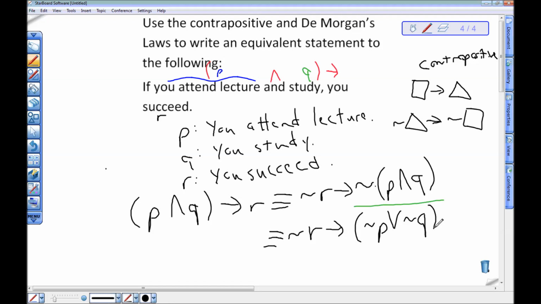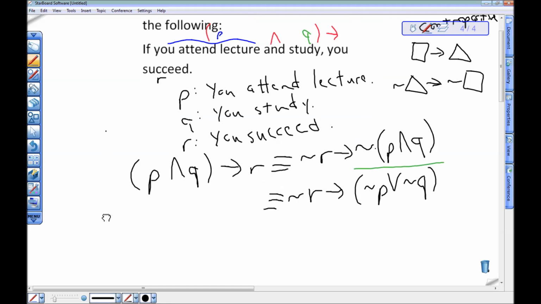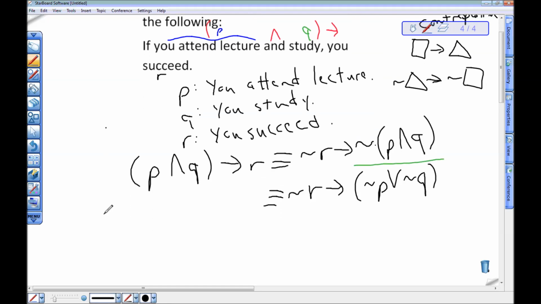All right, so we just used two equivalent things that we know, the contrapositive and De Morgan's laws, to rewrite this statement. So let's see what statement is equivalent to if you attend lecture and study, you succeed. It starts with the negation of R. It's part of an if-then.